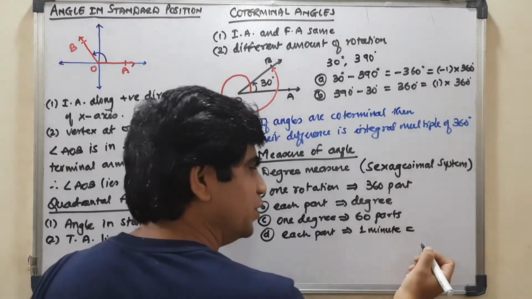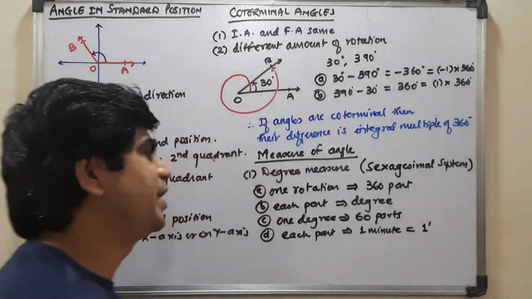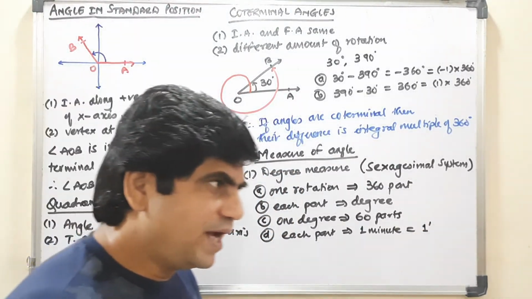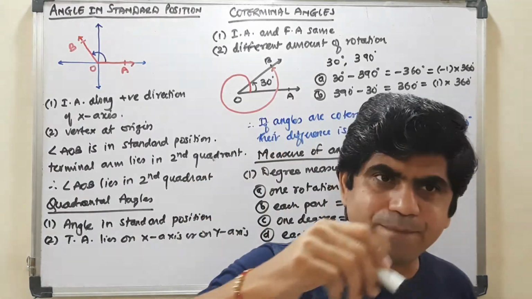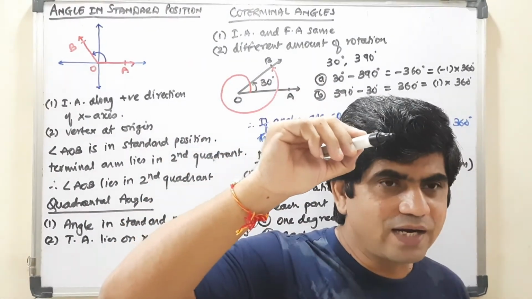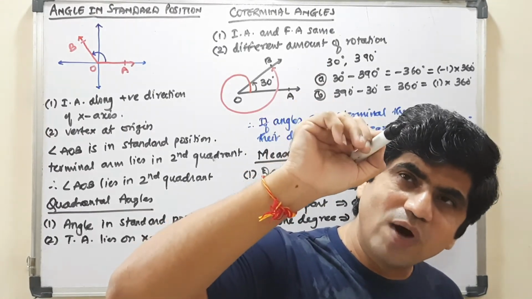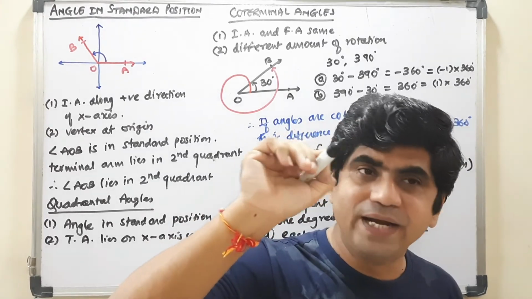Symbolically, the degree symbol you know already, and this is the symbol of 1 minute. So you can imagine 360 parts of one rotation, each part again divided into 60 parts, so that gives one part is 1 minute.